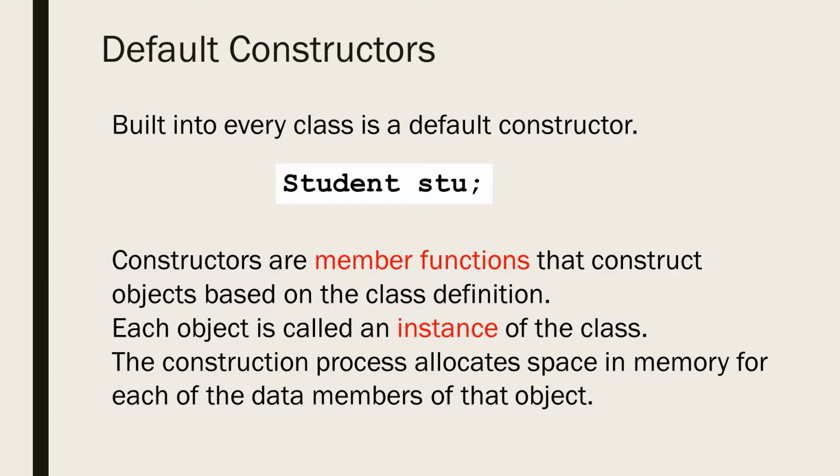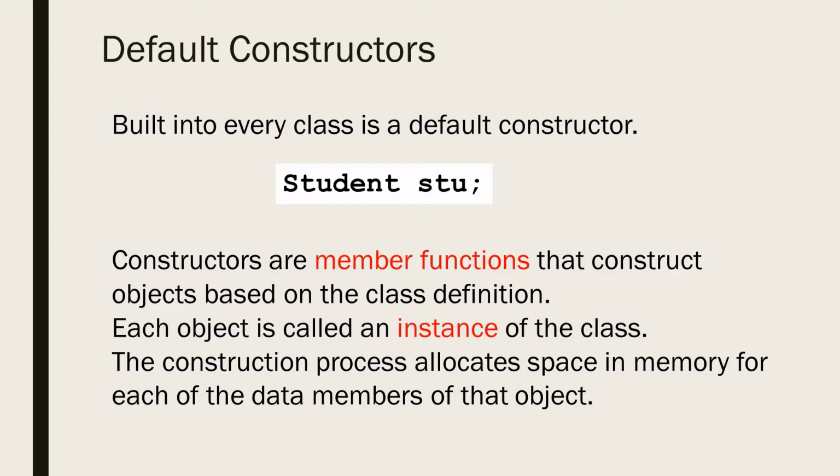But first a quick review, and also I'd like to highlight some terminology that comes into play with object-oriented programming. You'll see the terminology in red. Every time you create an object based on a class definition, like you see here, stu is an object from the student class definition.